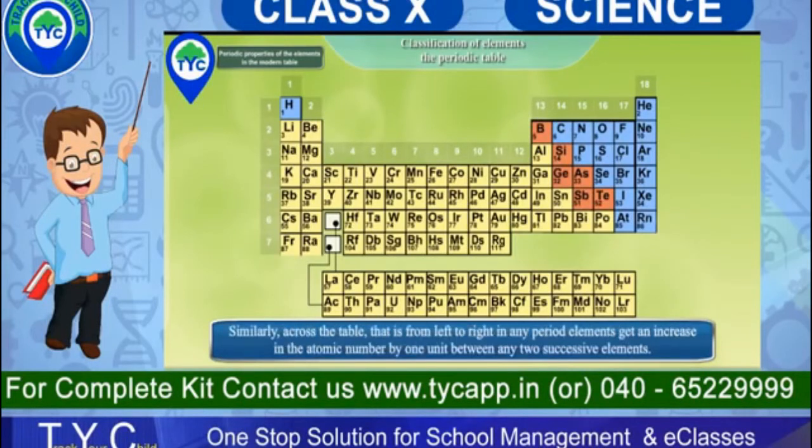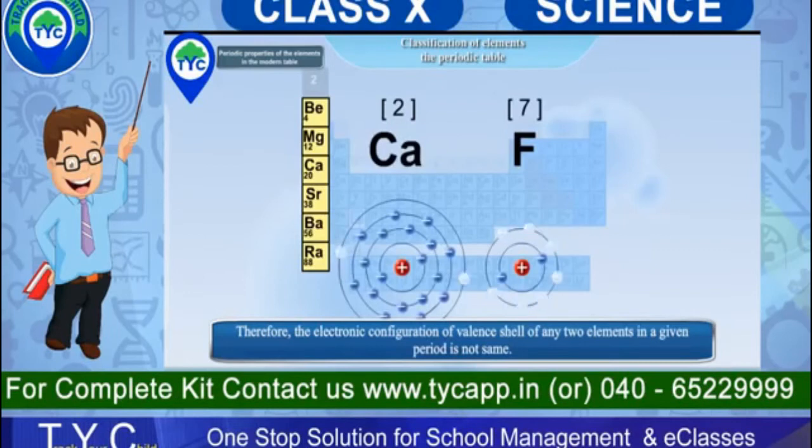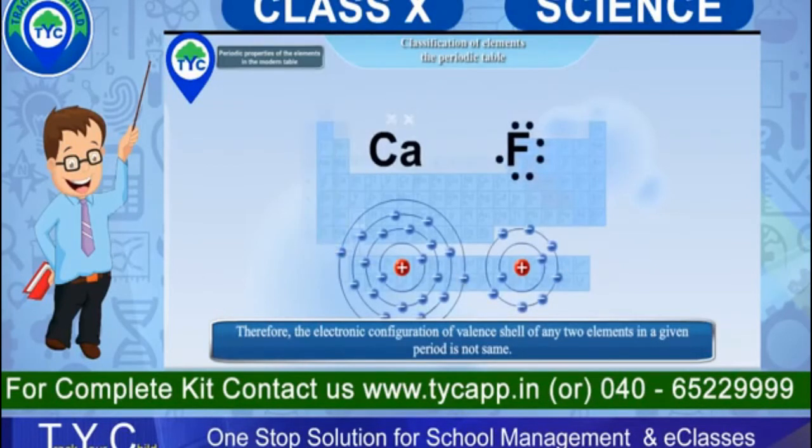Similarly, across the table, that is, from left to right in any period, elements get an increase in the atomic number by 1 unit between any two successive elements. Therefore, the electronic configuration of the valence shell of any two elements in a given period is not the same.